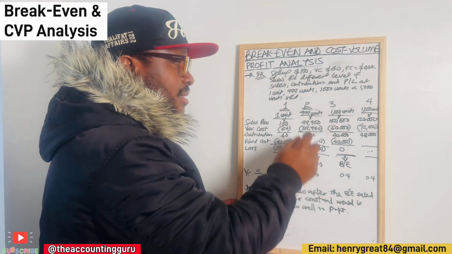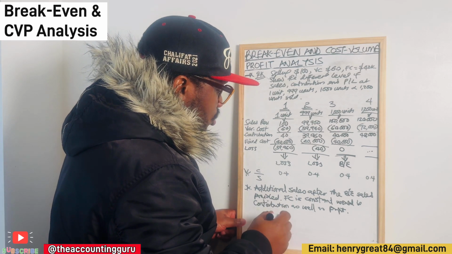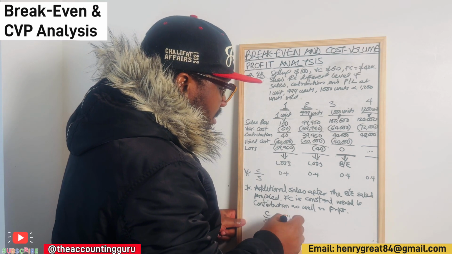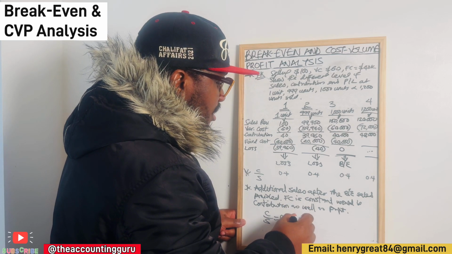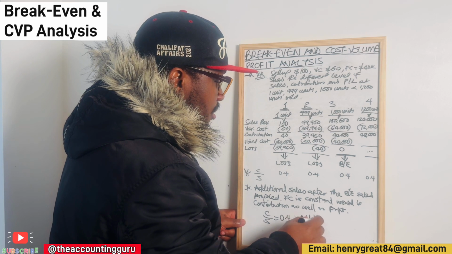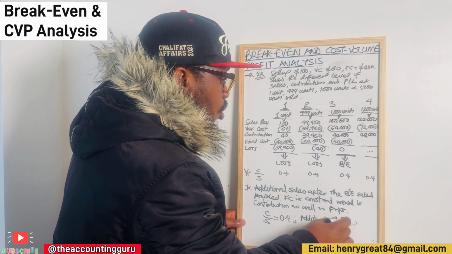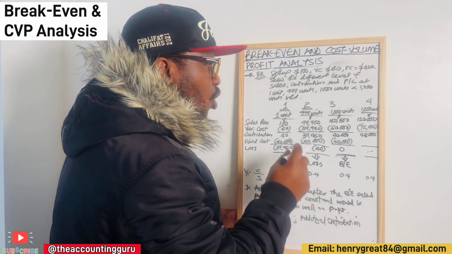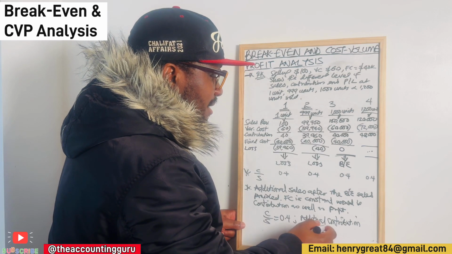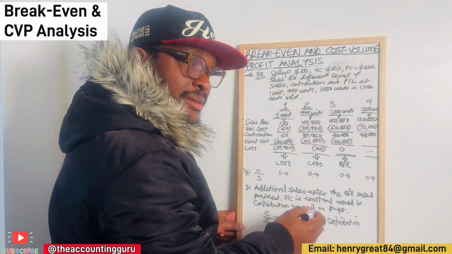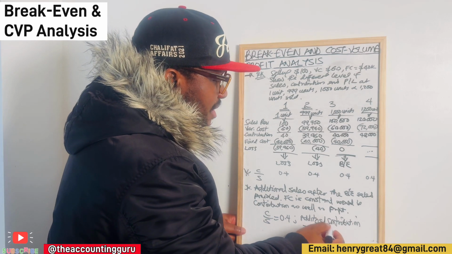What is the CMR? The CMR so far has been 0.4. So CMR, or contribution to sales ratio, is equal to 0.4. This means that the additional contribution on the extra sale is equal to 0.4 times that extra sales revenue, which is $20,000.